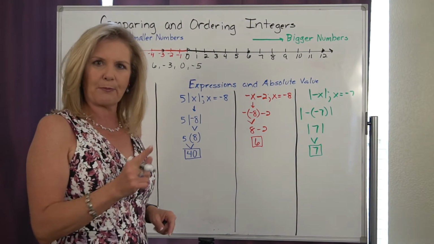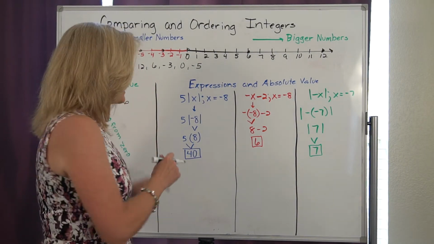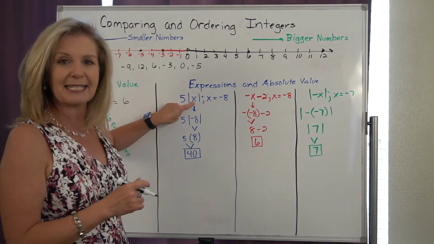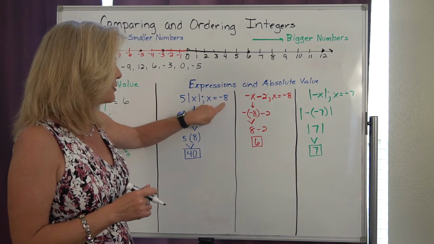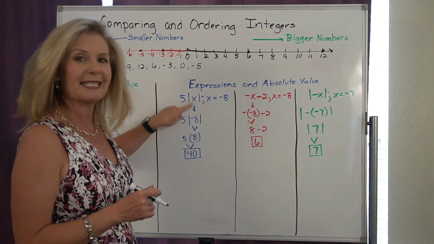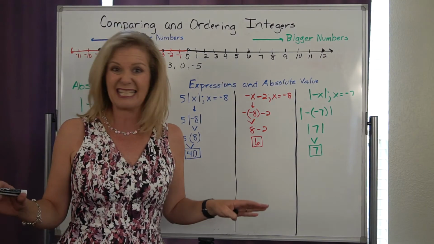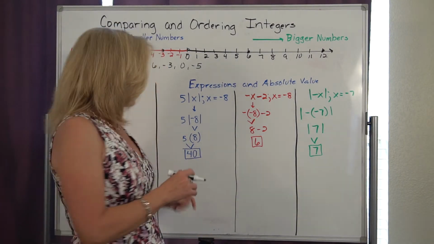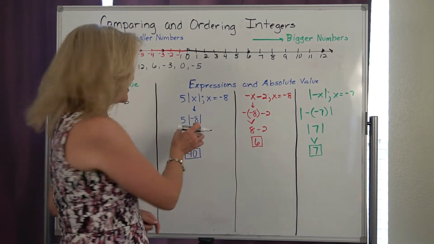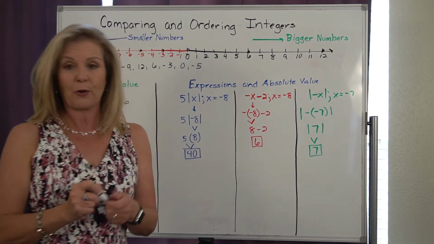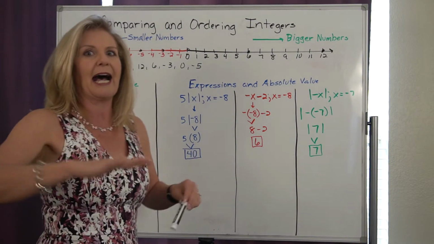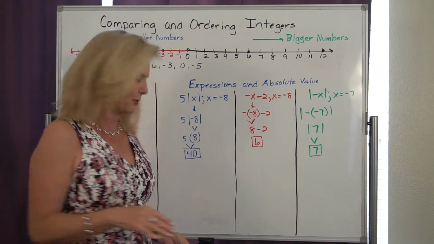So my first step when I'm solving expressions is I just go in and I need to substitute in the value of X. So I'm going to replace X with negative 8. Now notice I didn't solve anything there. Now, second step, absolute value is a grouping symbol, and we know according to order of operations, I have to do my grouping symbols first.